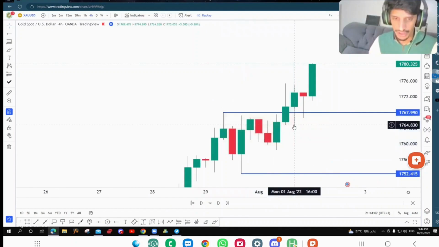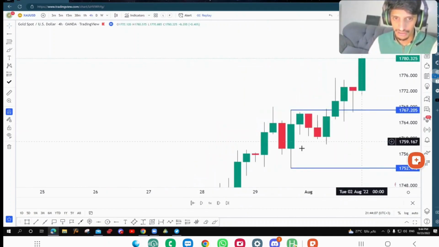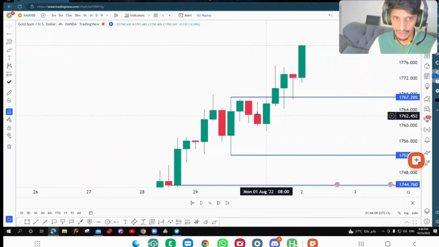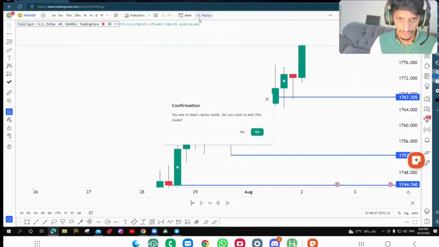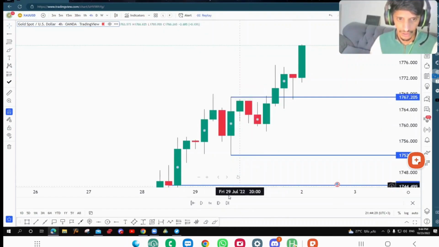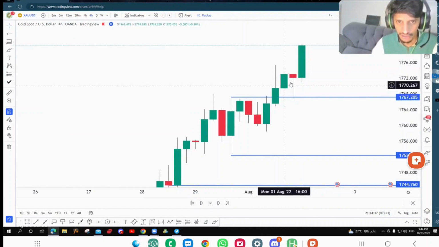Now what I usually do, once this level, let me just remake it. Just ignore everything. Focus on these two lines. Now this candle has broken it, right? Yes, sir. Let's go back. Imagine these candles are not here yet.